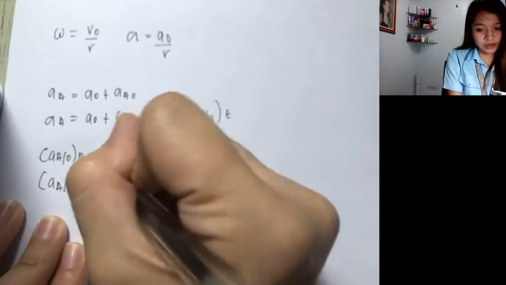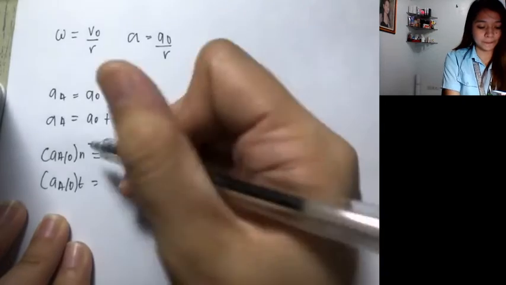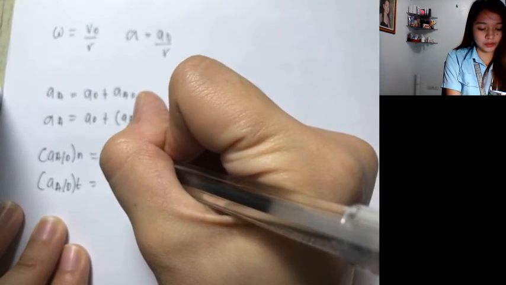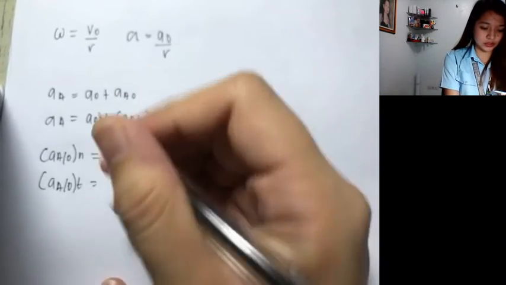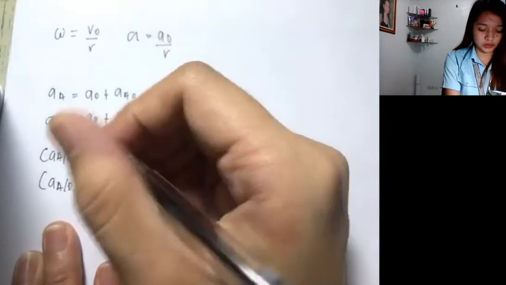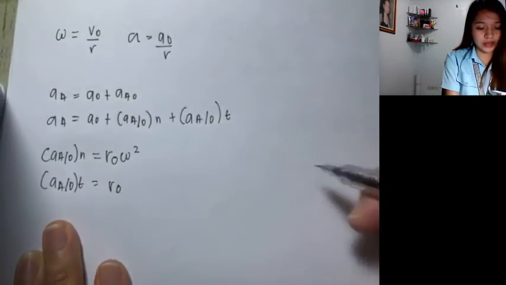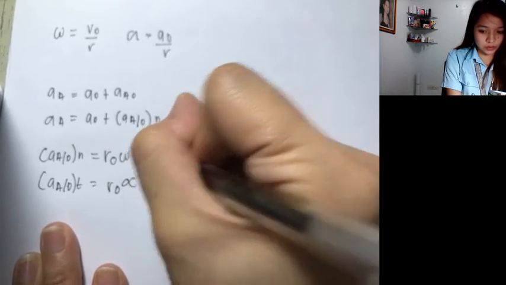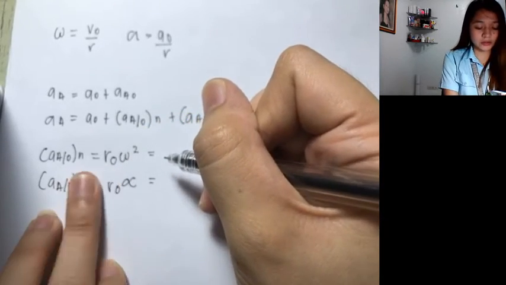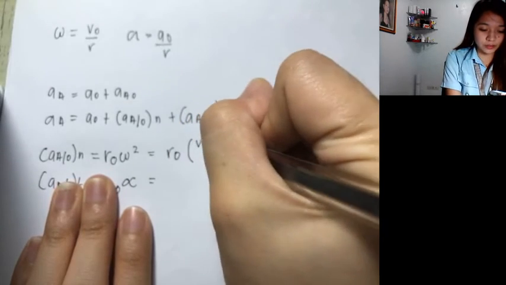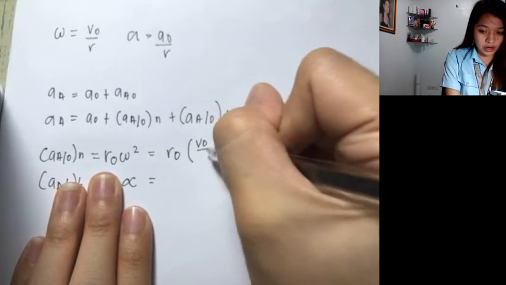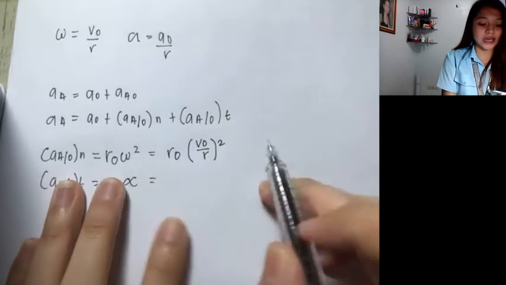The normal acceleration is equal to R times angular velocity squared, and the tangential acceleration is equal to R alpha. So the normal acceleration is equal to R times v sub O over R, squared. Why is that?